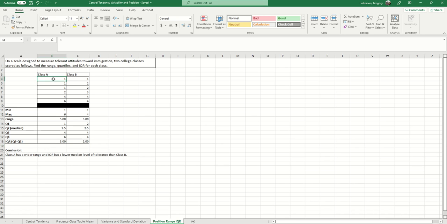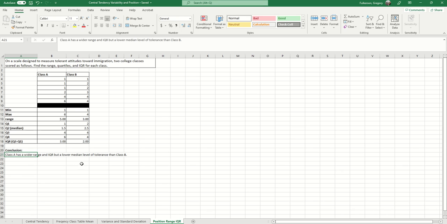So there's more variability in the attitudes for class A than for class B. But the overall measure of central tendency, class B looks to be more tolerant on average when we look at the median compared to class A. So less variation, slightly more tolerant. And that's basically what the conclusion says there.